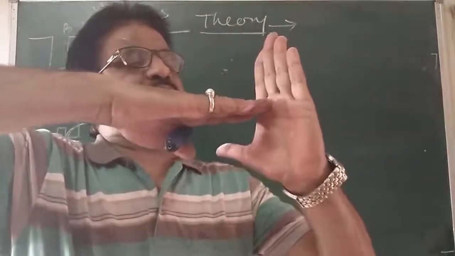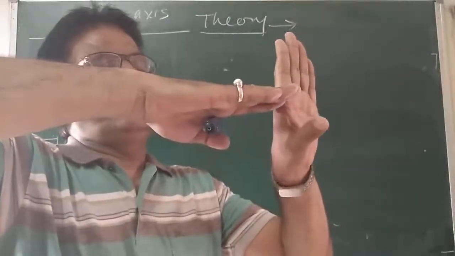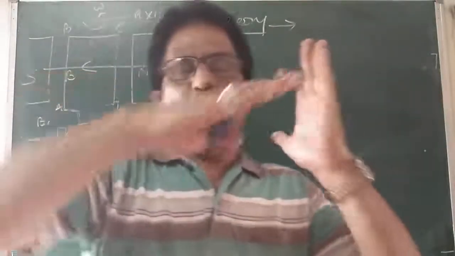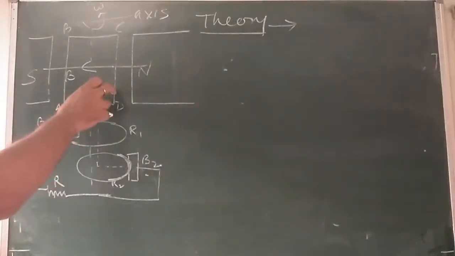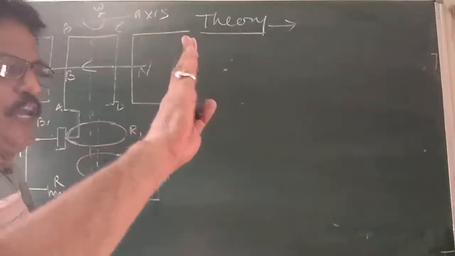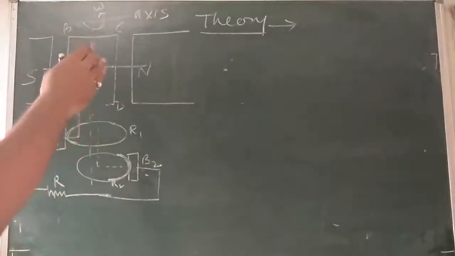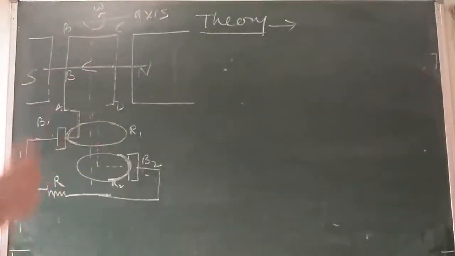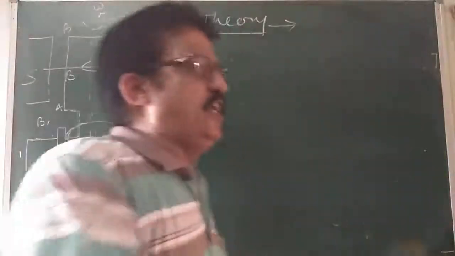Here the coil rotates like this, in this manner. Suppose initially theta is the angle between the magnetic field and the normal to the coil. This changes continuously as the coil rotates. Therefore, the magnetic flux linked with the coil changes continuously.